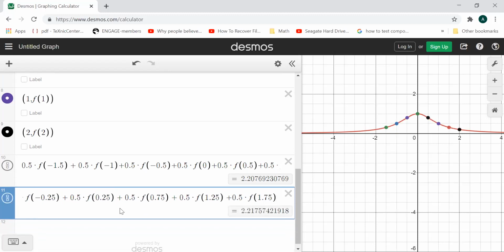All right, as you can see, folks, this sum ends up being 2.217.